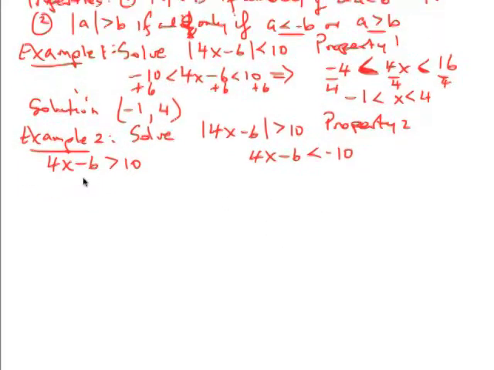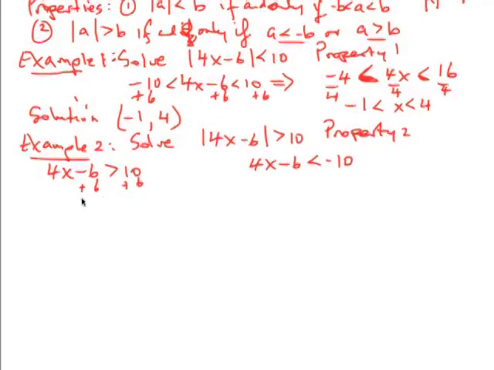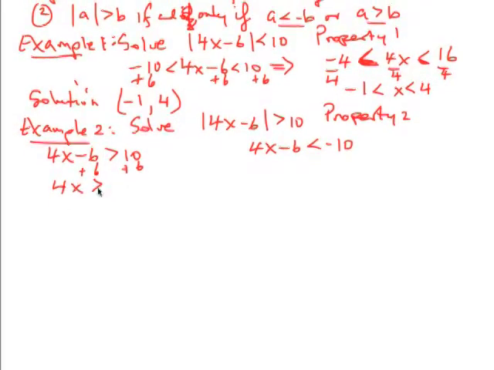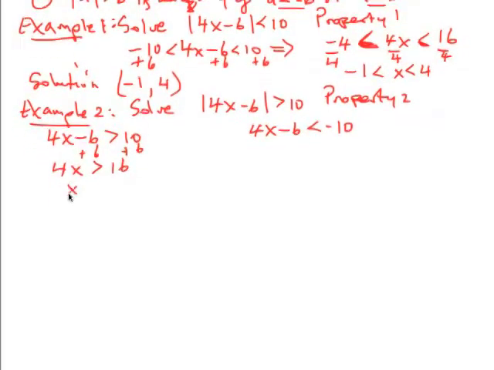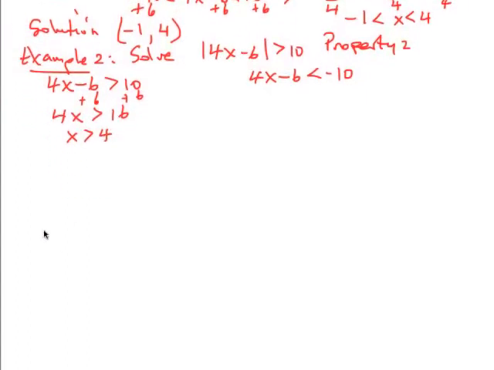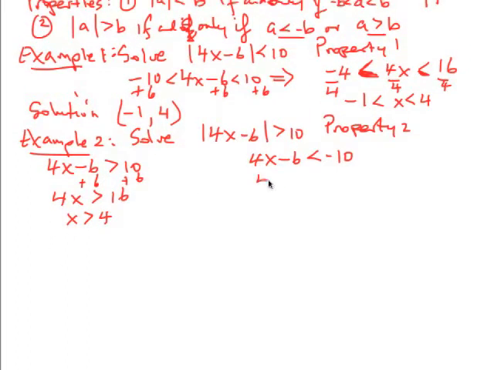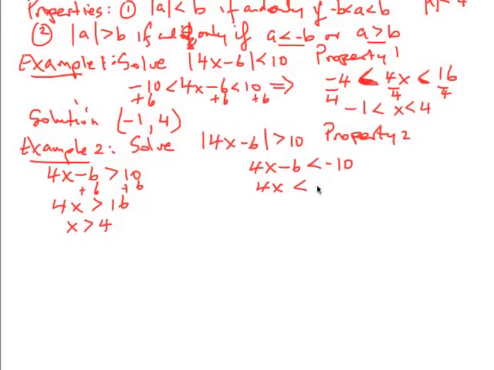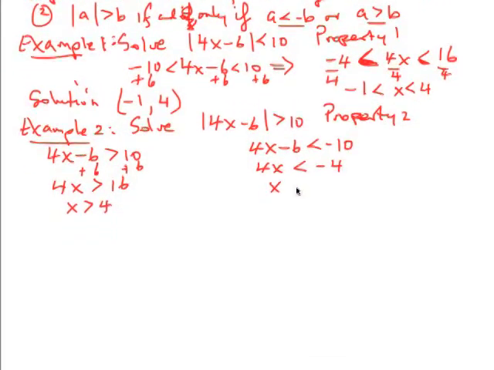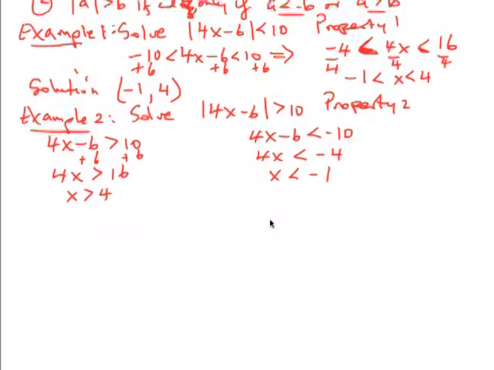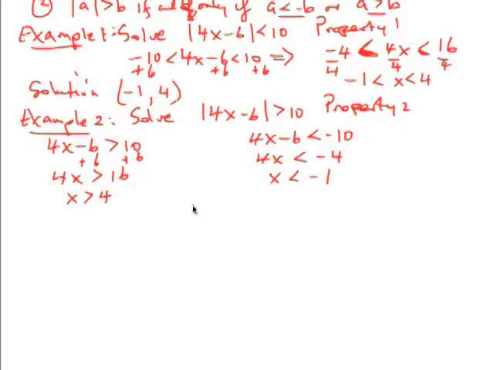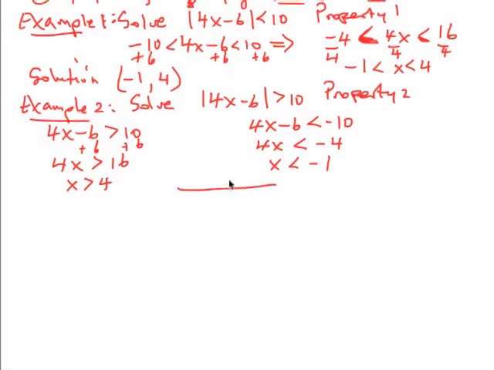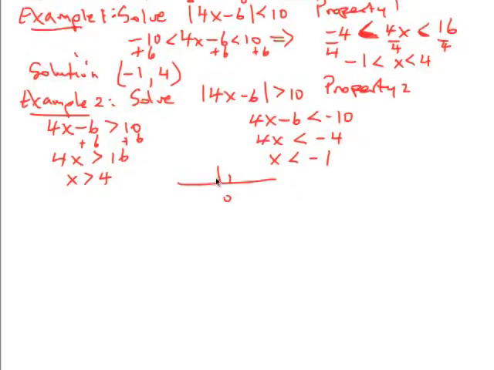We go ahead and add 6 here, so I'm going to have 4x greater than 16, so x is going to be greater than 4. Here I'm going to have 4x, add 6 to both sides, less than negative 4, so x is going to be less than negative 1. If you look at a number line, here's 0, so here's negative 1.